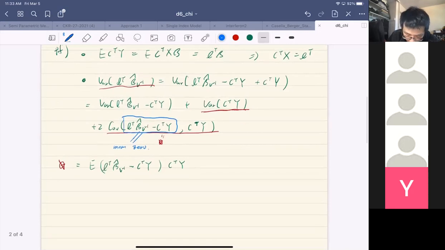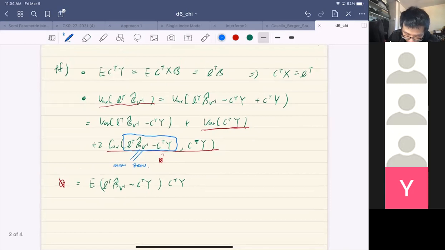Maybe what you're doing will work out fine, but I think you are trying to use the same strategy as in the slides. And in the slides, they start by calculating the variance of C prime Y. Yes, I think both ways work. Sorry, I think I made some mistake.